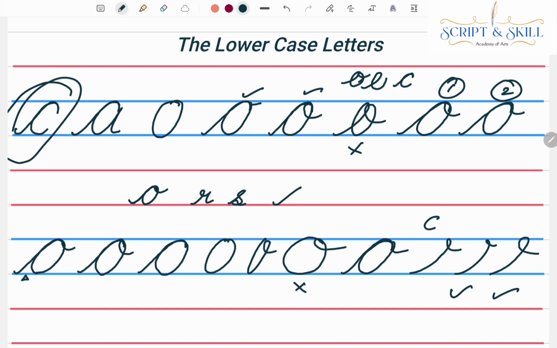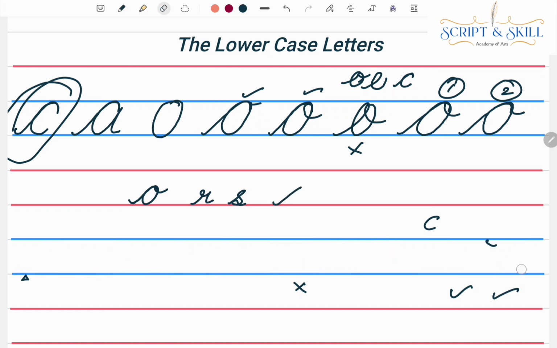Starting a letter from the baseline is extremely important. In cursive letters, the baseline is the reality line, your current present situation, how you are at present. So every letter must begin from here.